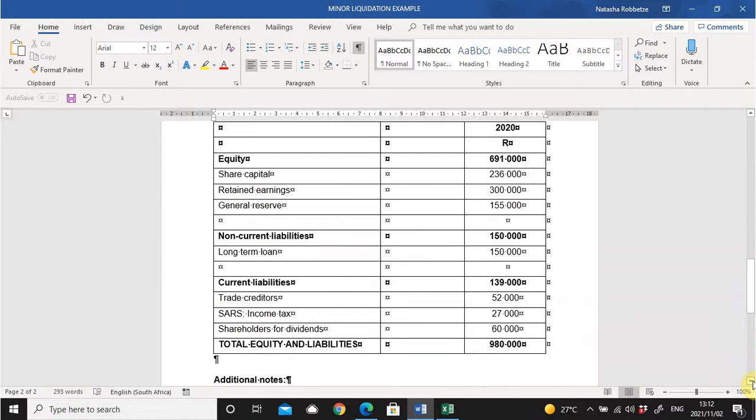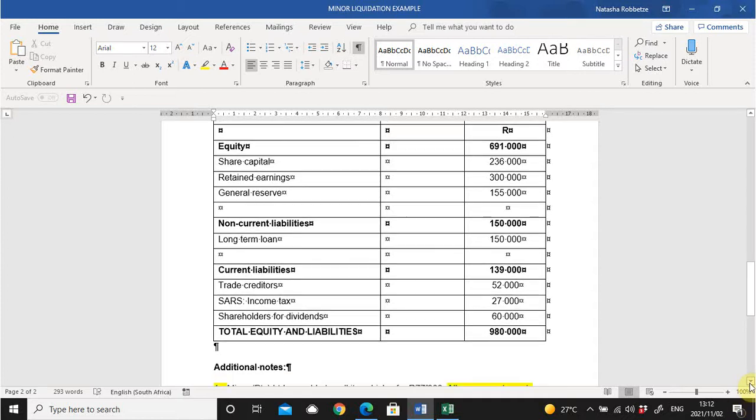The rest of the statement indicates the equity, which consists of the share capital, retained earnings, and a general reserve. Then there's also some non-current liability in the form of the long-term loan that's being taken over. And then there are some current liabilities where they are owing to trade creditors, to SARS, and also to shareholders. The total equity and liabilities also add up to 980,000, I beg your pardon.